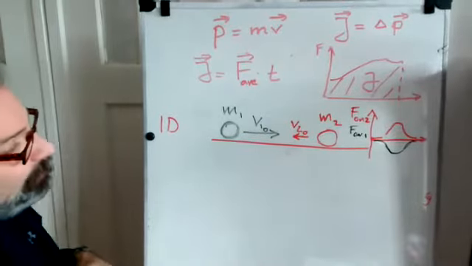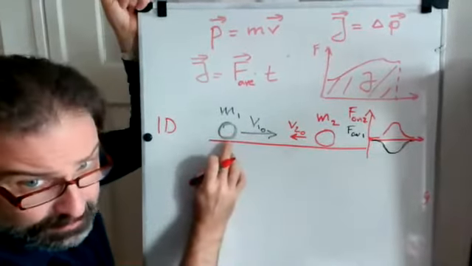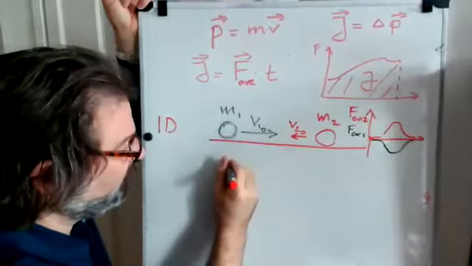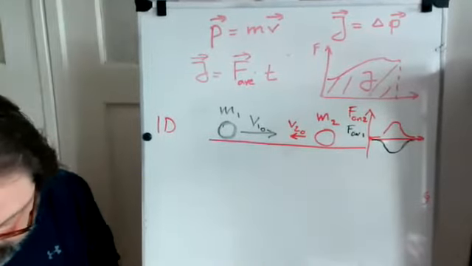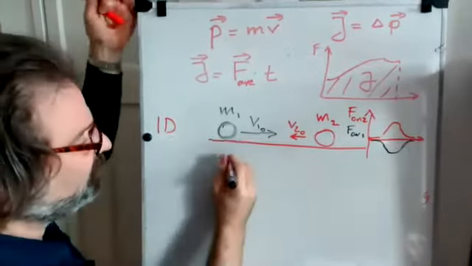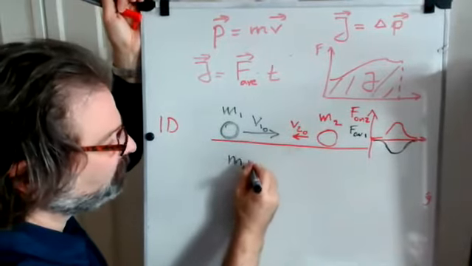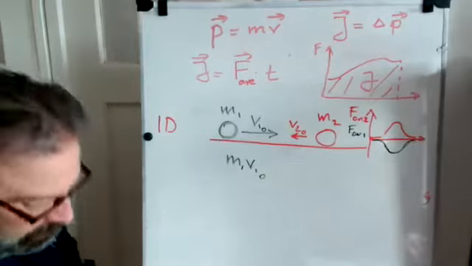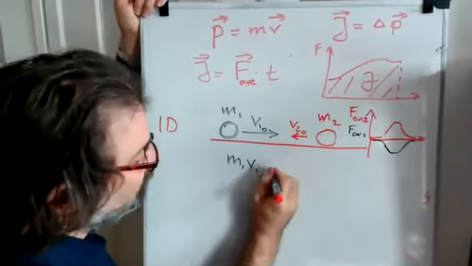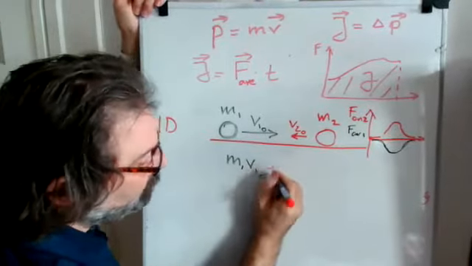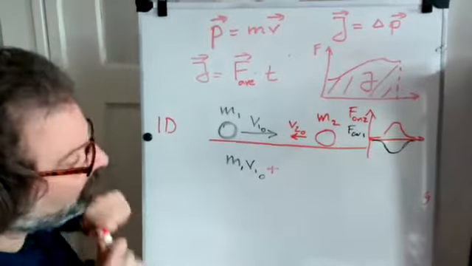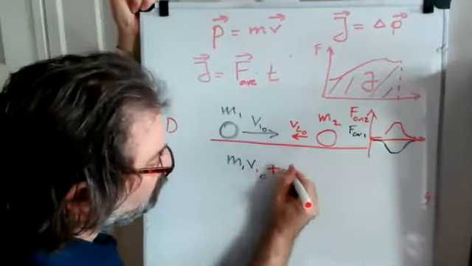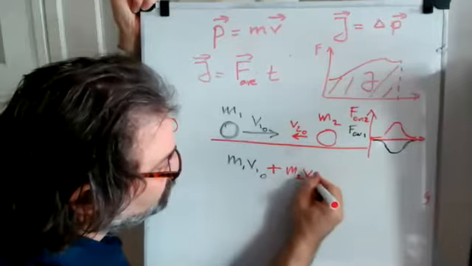And we can write that out. We can say, all right, this guy has momentum before the collision, and let's stick with the color scheme, so we have M1 V1,0. That's the momentum before the collision. Then we have M2 V2,0.